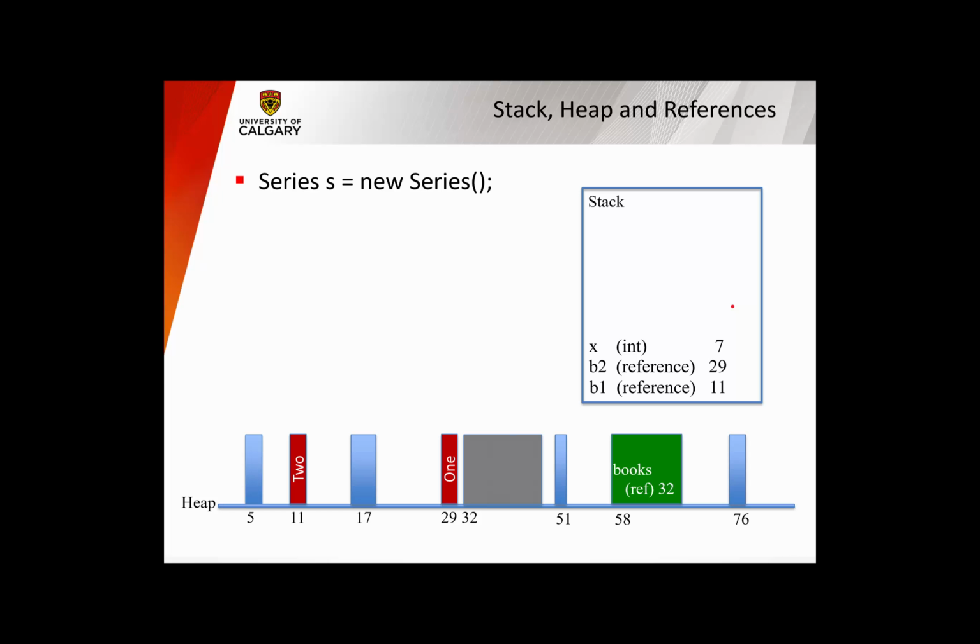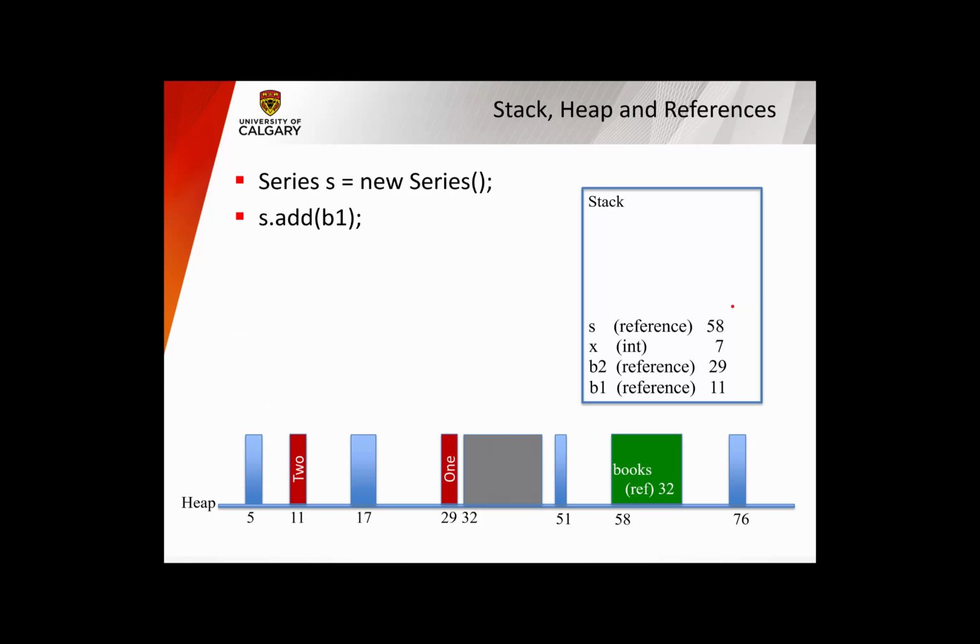It's of reference type, and it's at location 32. Okay, so that is in my green one. So I now have a list, which is an array list, sitting in the gray box, and a series, which is sitting in the green box. And as before, on the stack, S is a local variable, so it's of type reference, and it's looking at the green box, which is at location 58.